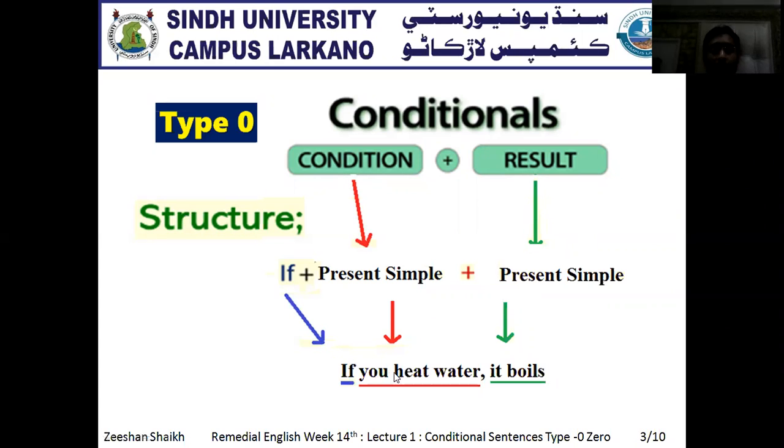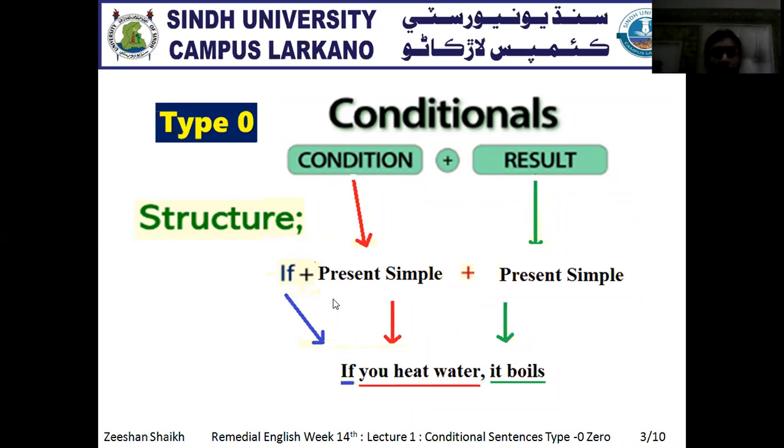Now have a look at this example: if you heat water. This is a conditional sentence. Talking about the first part, if you heat water, this is the first present simple tense, and it shows the condition.